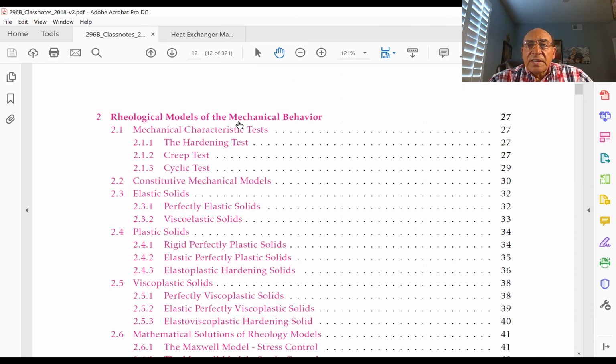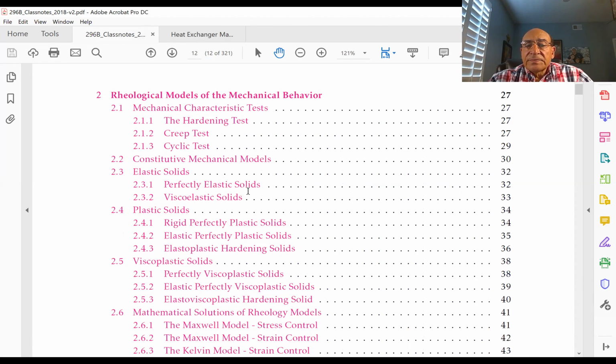Second chapter, rheological models of mechanical behavior. And that goes through the various standard tests. We know all about the tensile test, but there's more to it. There's a hardening test, a creep test, relaxation test, cyclic test. So all of these are discussed. And from there, we discuss descriptions of material behavior.